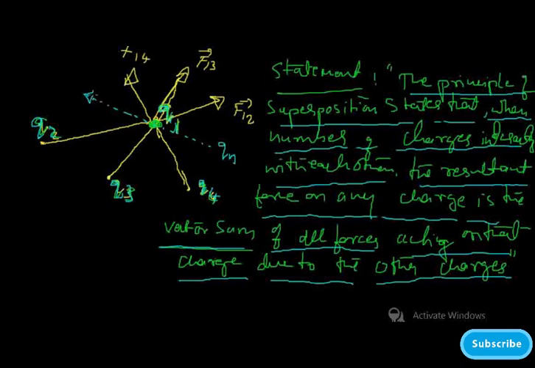If you consider n number of charges, it will be F of 1 n vector. So now on Q1 there are so many forces acting. By using the principle of superposition, we are going to find the expression for resultant force on a charge due to the multiple charges.